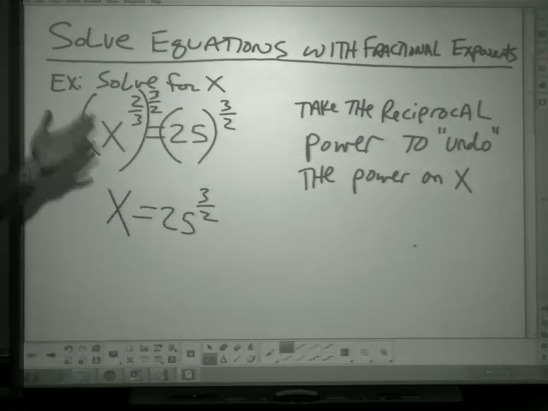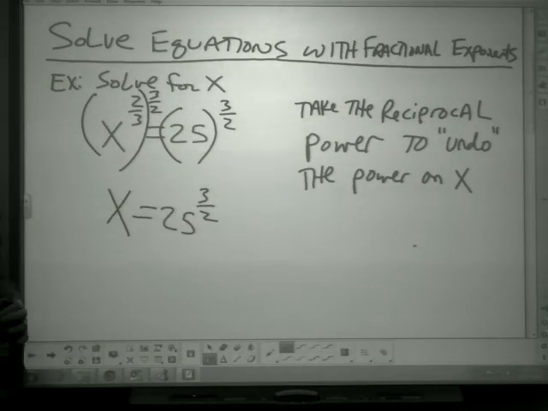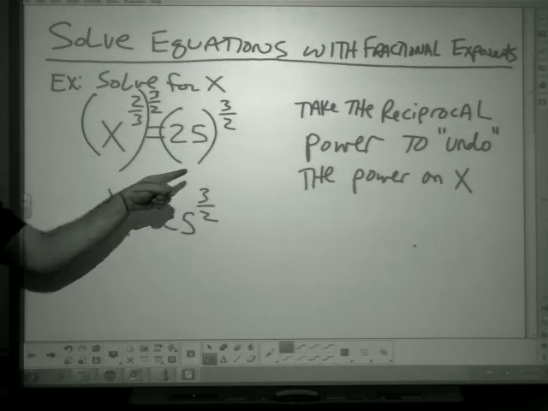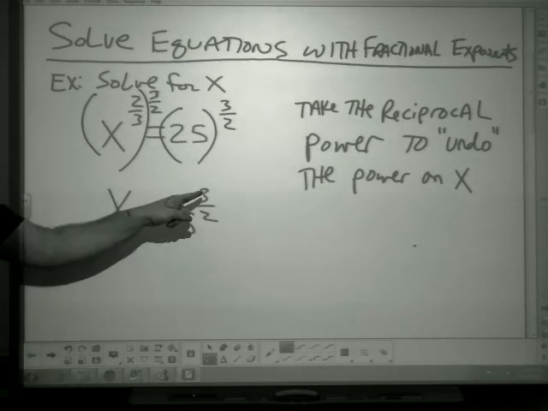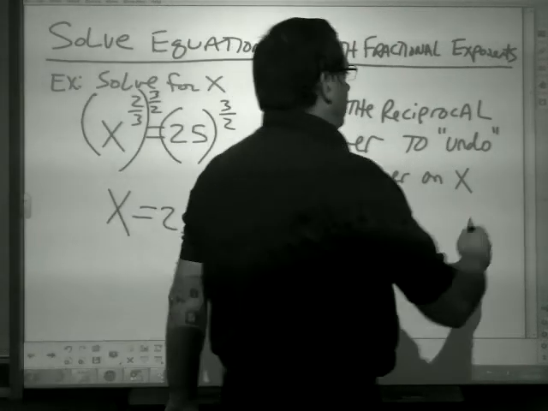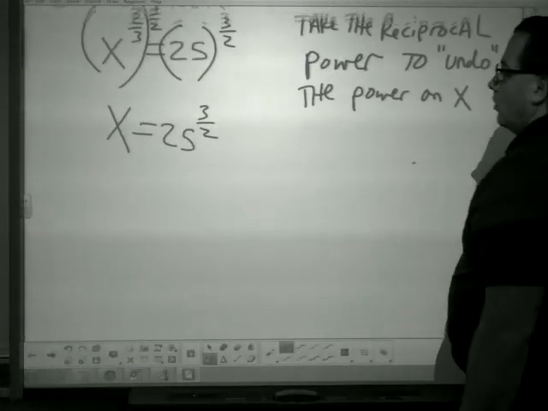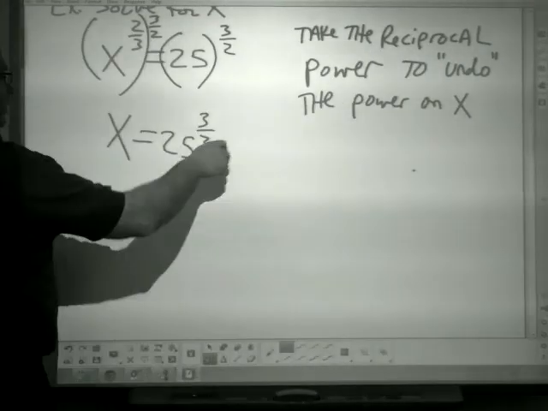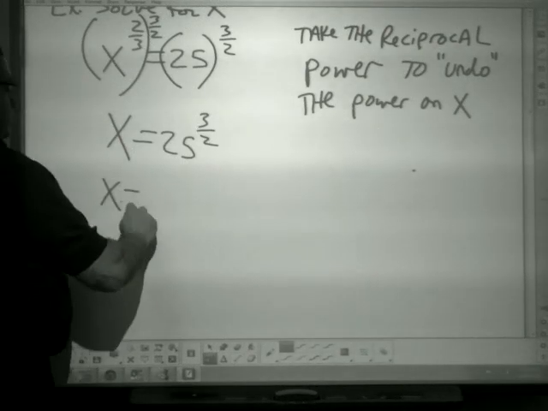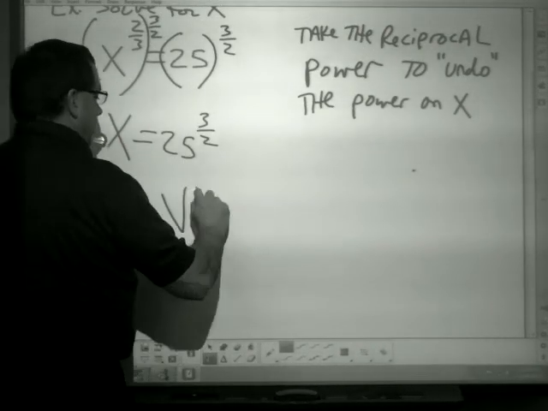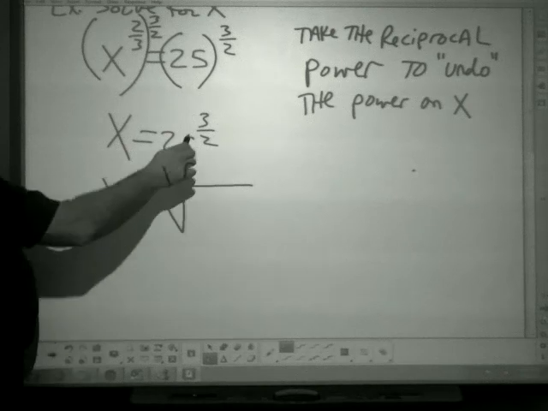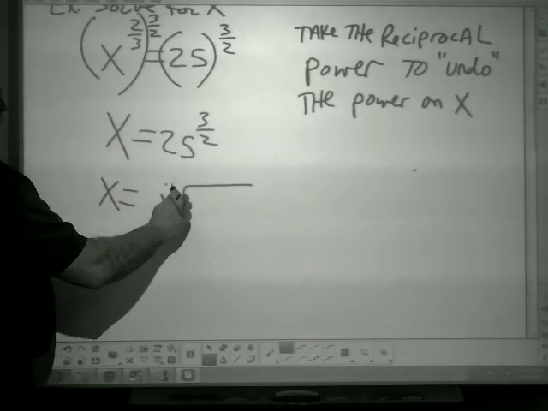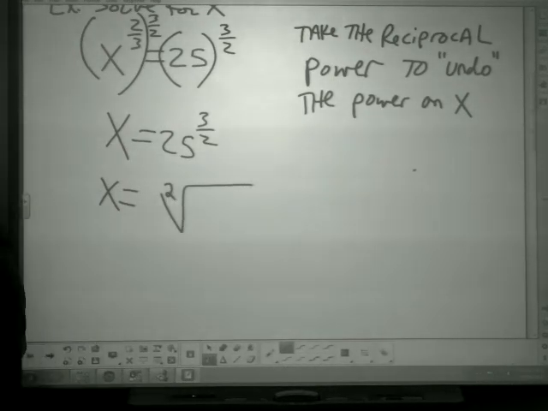Okay. Well, you might say, do I have to leave it like that or do I have to keep going? Keep going. Now we want to take 25 raised to 3/2. So x equals, I need my root. This is my power, this is my root. My root is 2. I don't have to write it. I can write it though.